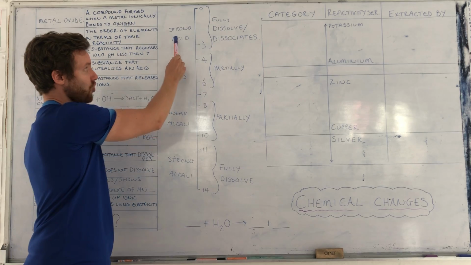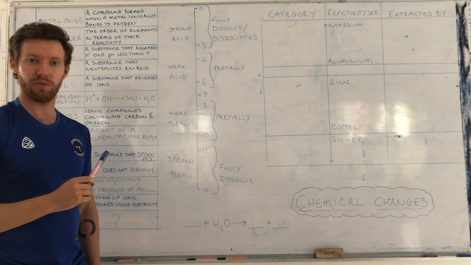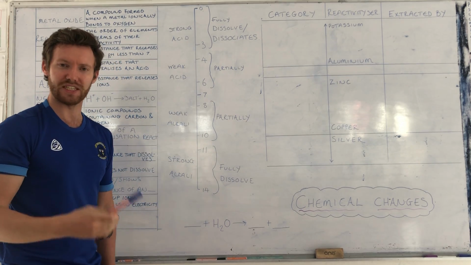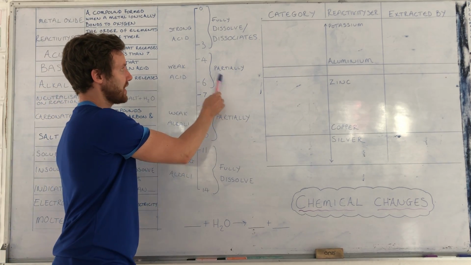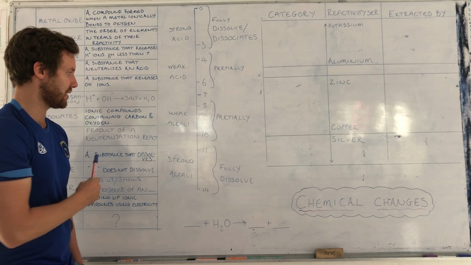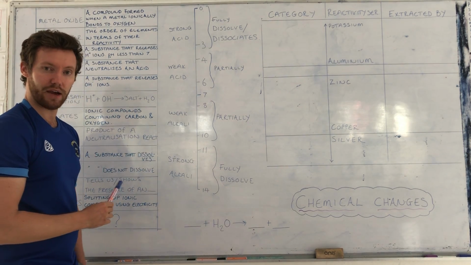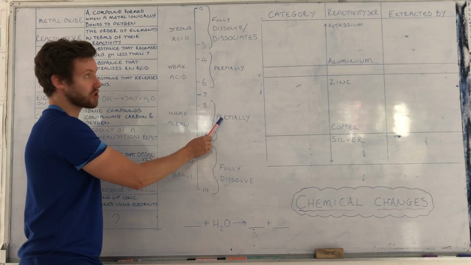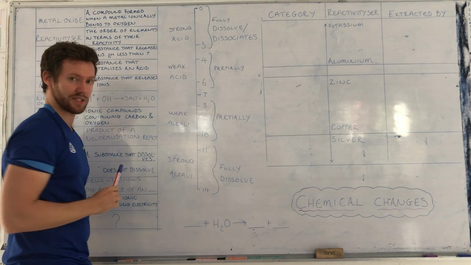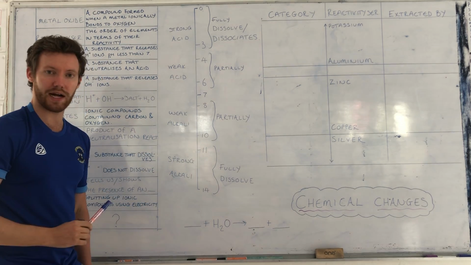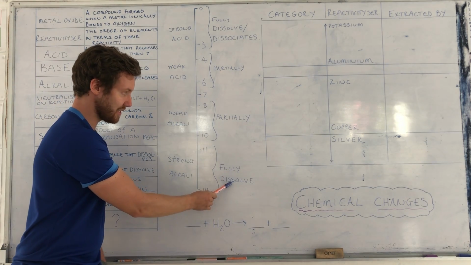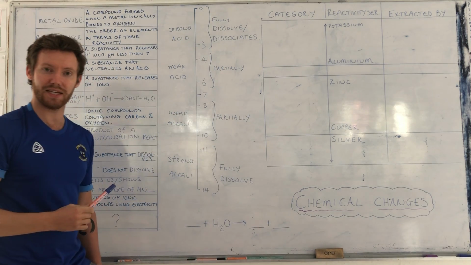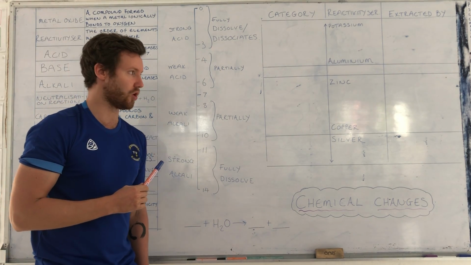Strong acid fully dissociates when placed in water. A weak acid partially dissociates or dissolves in water, some of it does, some of it does not. Weak alkalis, very similar patterns. They only partially dissolve when placed in water. And our strong alkalis, they fully dissolve, or to improve our terminology, fully dissociate when placed in water.